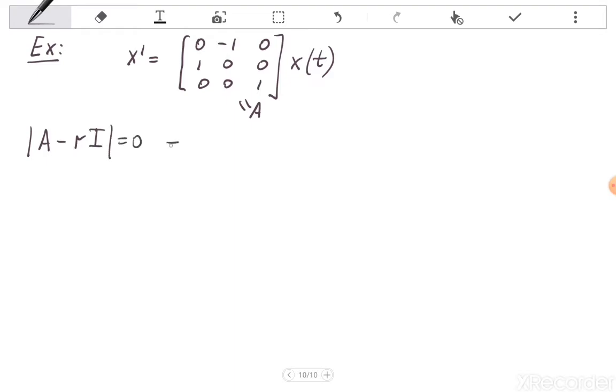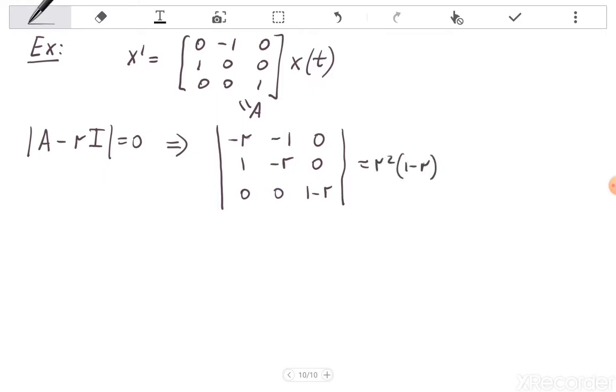So this matrix A minus rI is minus r, minus 1, 0, 1, minus r, 0, 0, 0, 1 minus r. And the determinant of this matrix is, multiply this 3, we get r squared times 1 minus r.